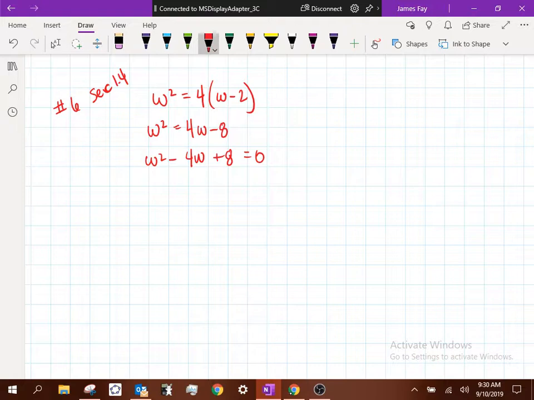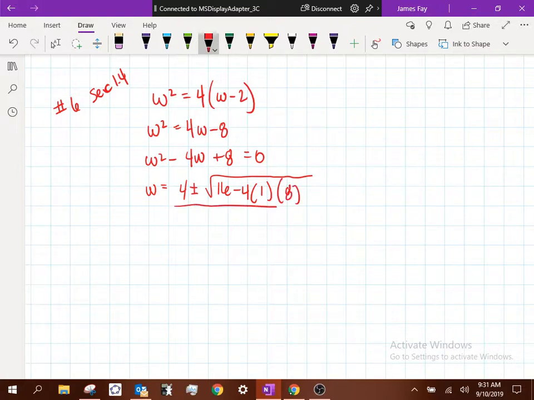They both have to be negative, right? And there are none. So you turn to the quadratic formula, right? So we go W is equal to the opposite of B plus or minus the square root of B squared minus 4ac, with a being 1 and c being 8, all over 2, right?